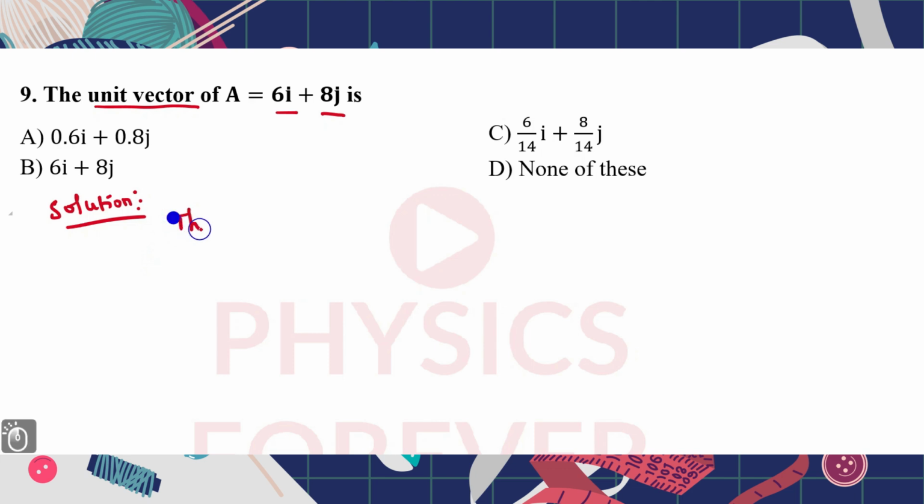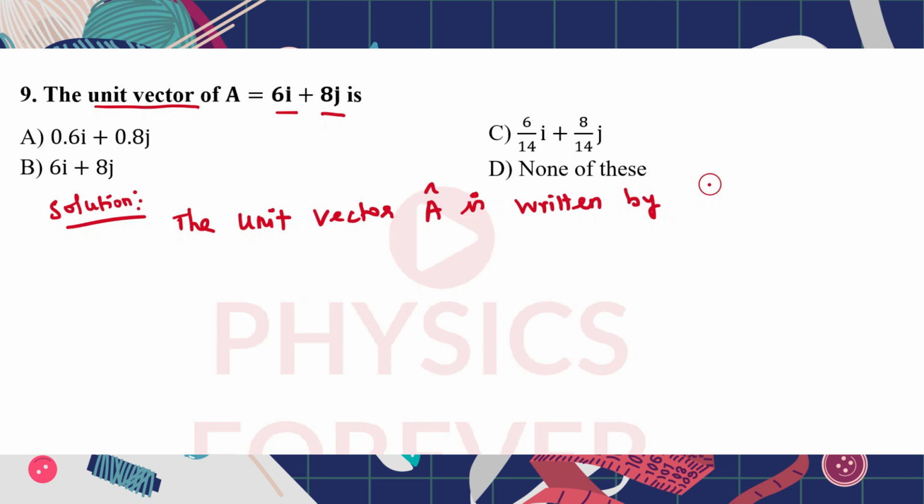So the unit vector A cap is written as A cap equals A by mod A, where A is already given.